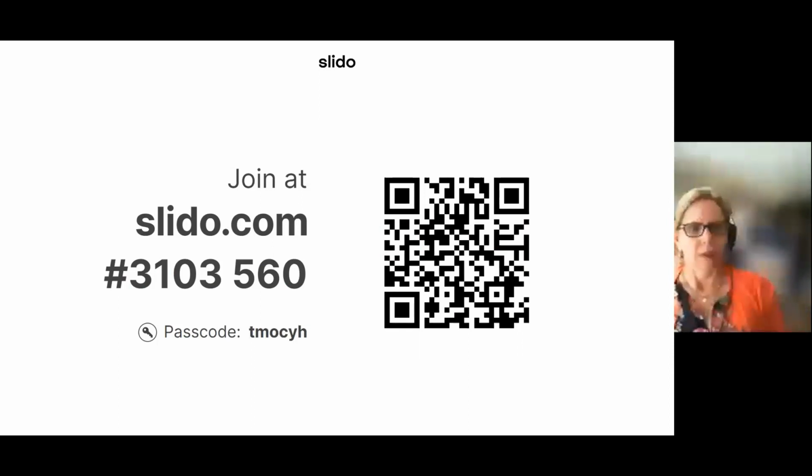A few people saying they don't see the QR code. Are you seeing it? I am able to see it, but they are not able to see the Slido. I only see the presenter. Give me just one moment.